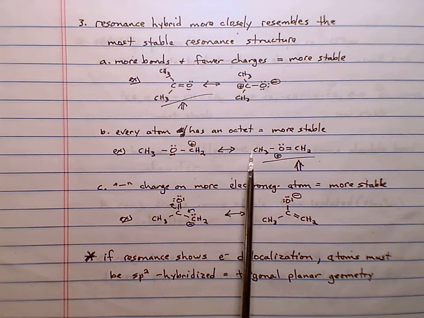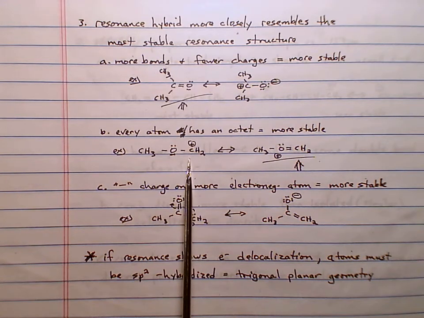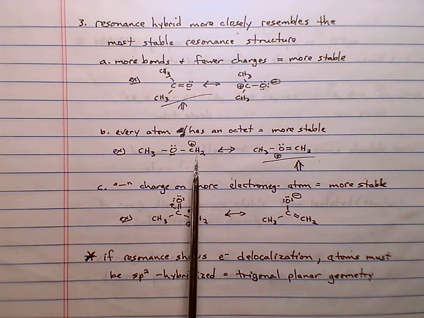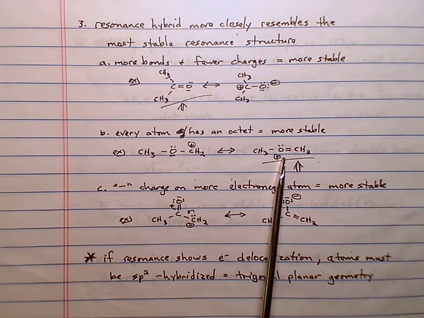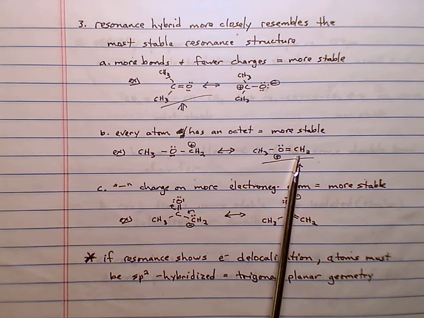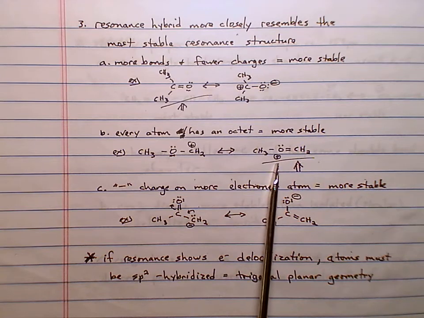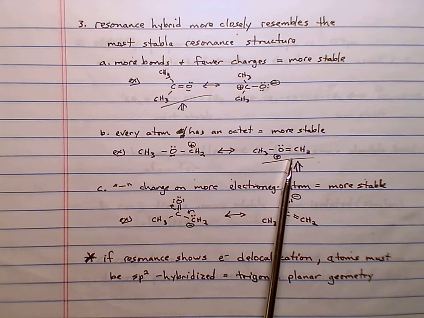Now, normally you would think, ooh, a positive charge on the more electronegative atom, that's not good. But the fact of the matter is, in the first form this carbon does not have its octet. In the second, this carbon has its octet, the oxygen has its octet, and this carbon has an octet. Therefore, this is actually the more stable resonance form. Even though we've got the positive charge on the more electronegative atom, which doesn't seem good, everything has its octet, so this is the more stable resonance form.